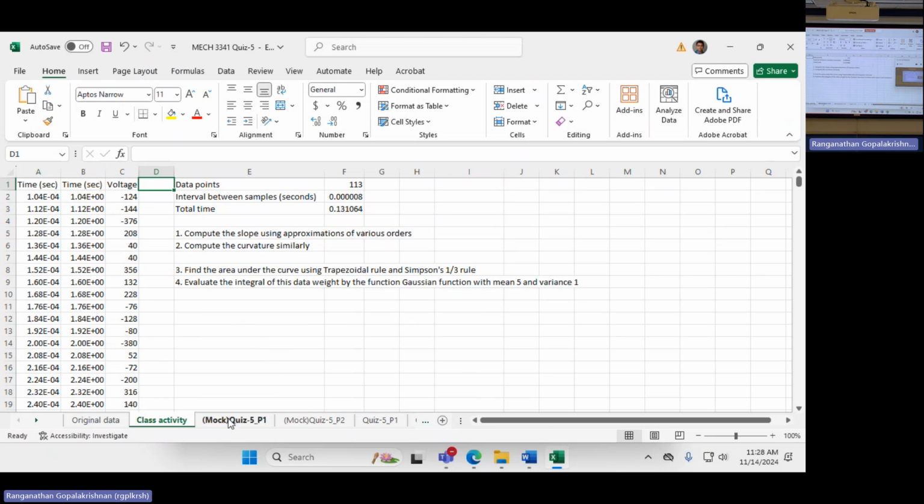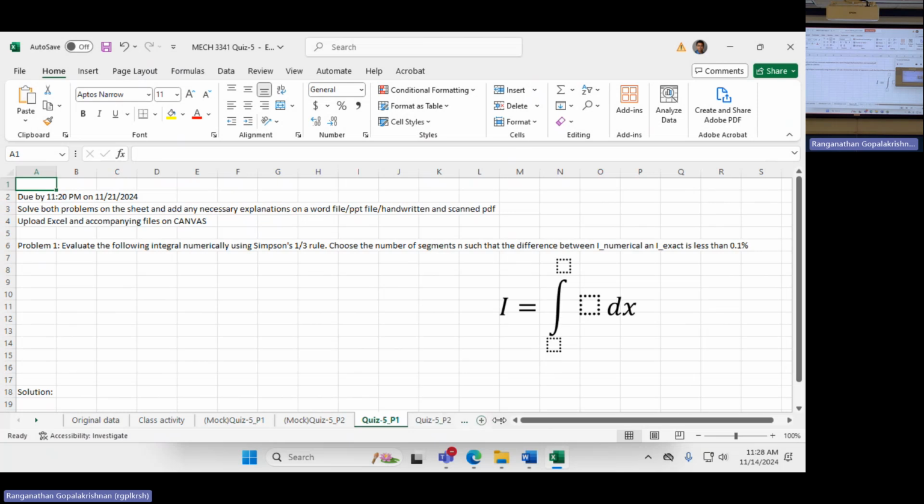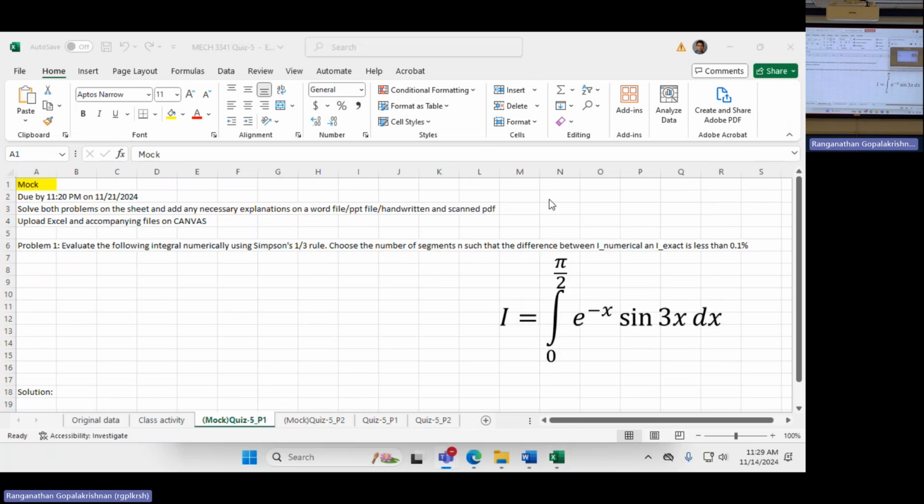I also have a mock quiz posted. After today's lecture, I'm going to repost this file with the actual quiz, which is in the next tab here, quiz 5 P1 and quiz 5 P2. The first problem of quiz 5 is going to be numerical integration, where we will evaluate an integral that looks like this.